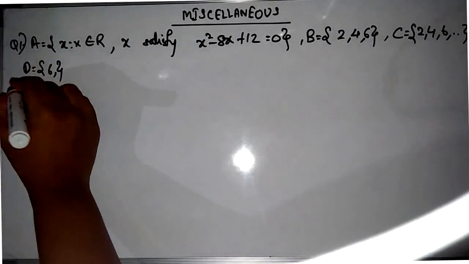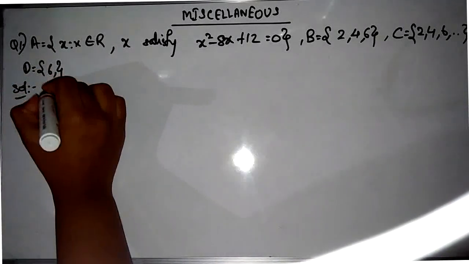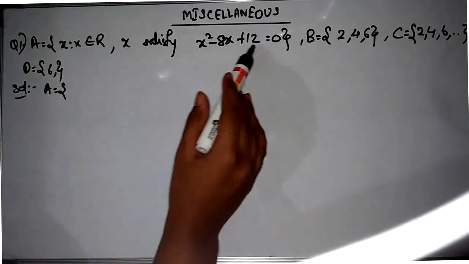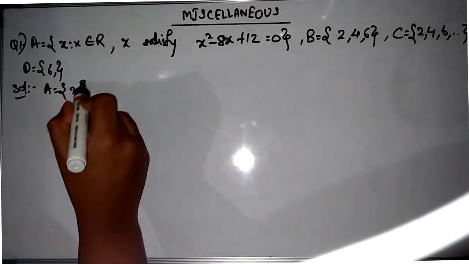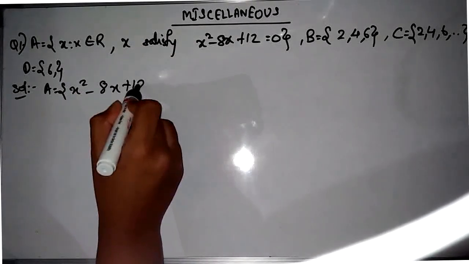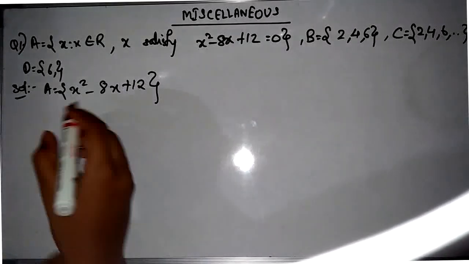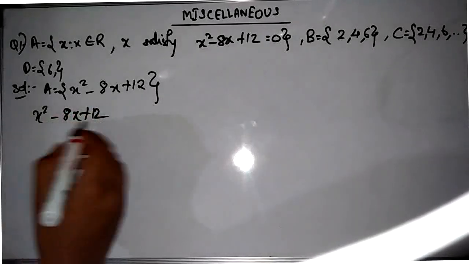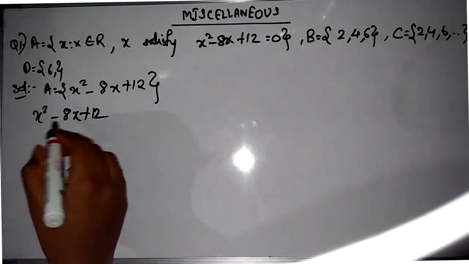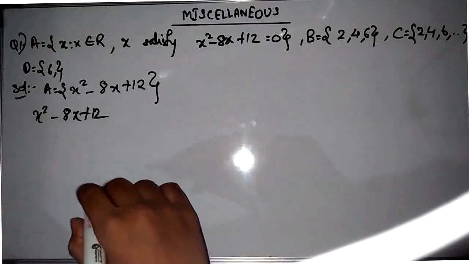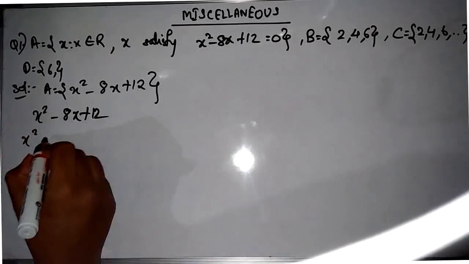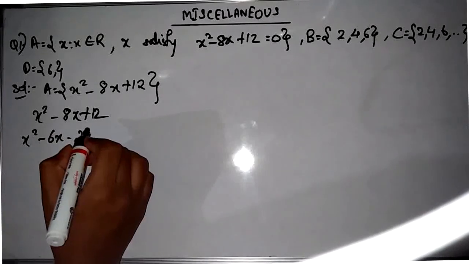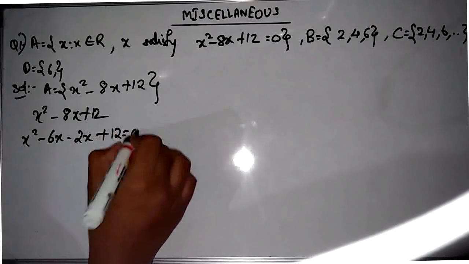So first we will change set A into roster form. They say x satisfies x square minus 8x plus 12 equals 0, so we will solve this. For 12, we can see 6 twos are 12. So x square, then minus 8x, so minus 6x minus 2x, then plus 12 is equal to 0.